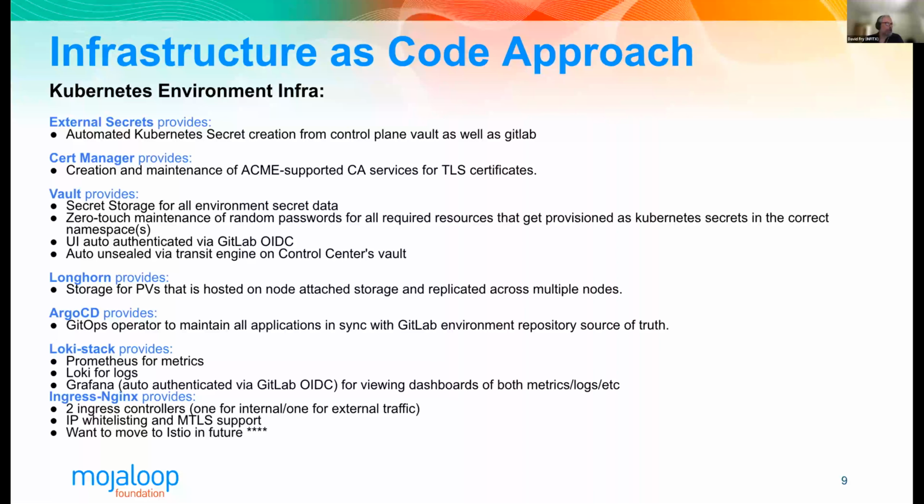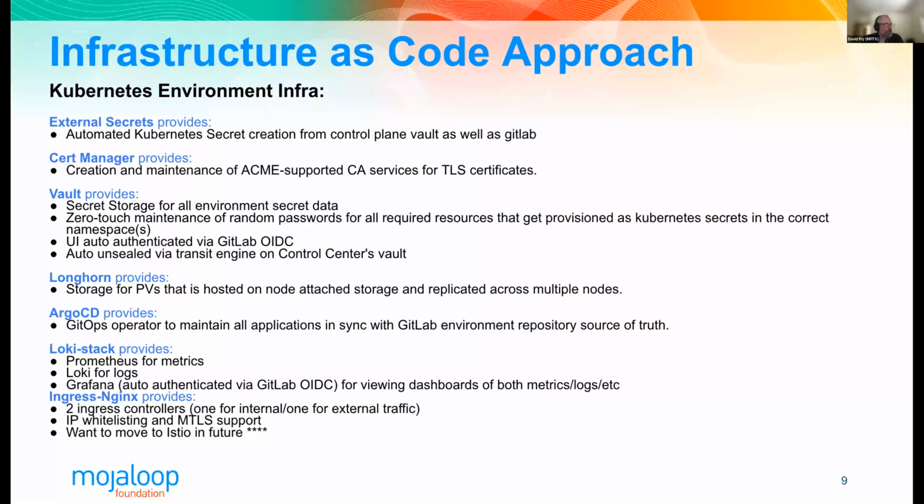So those various components are external secrets, and external secrets is an operator that allows the creation of Kubernetes secrets based on different providers such as HashiCorp Vault, GitLab variables, all the different cloud providers and their secret store solutions are implemented there as well.